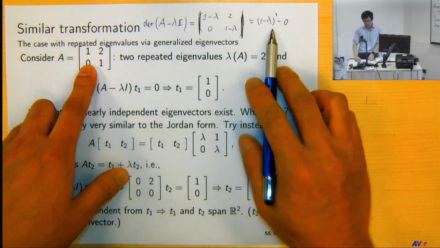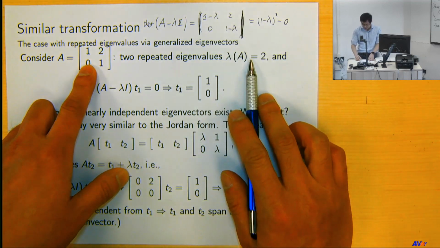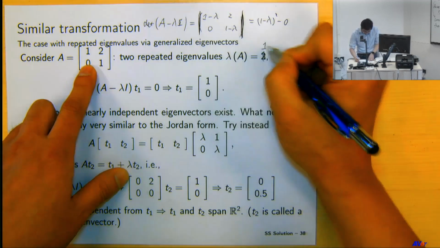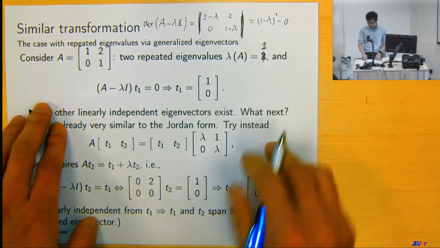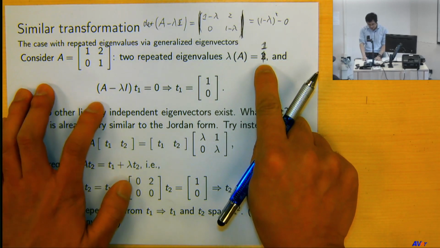There are two repeated eigenvalues, both at 1. This typo here. So two repeated eigenvalues at 1.